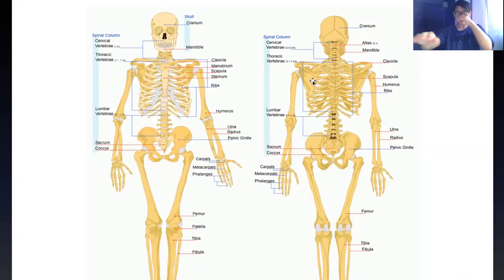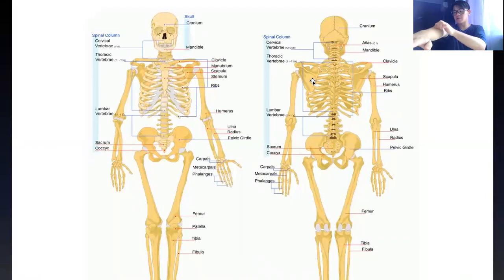And then you have your upper arm. Your upper arm here is what they call the humerus. And then if you hold your arms out, the one on top here is what you call the radius, and the bone underneath, we call the ulna.